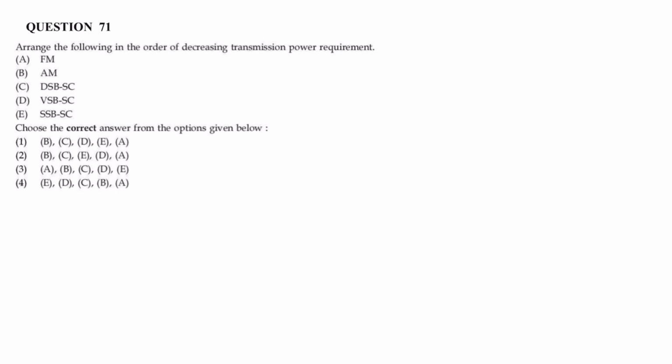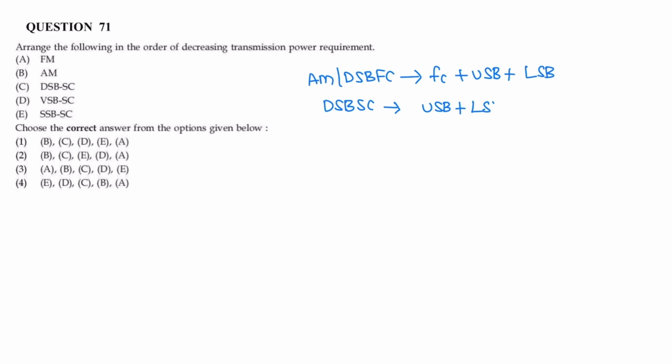So conventional AM, or double sideband full carrier amplitude modulation, consists of carrier frequency, upper sideband and lower sideband, whereas DSB SC, double sideband suppressed carrier, consists of upper sideband and lower sideband.